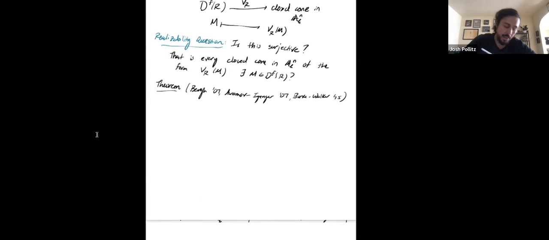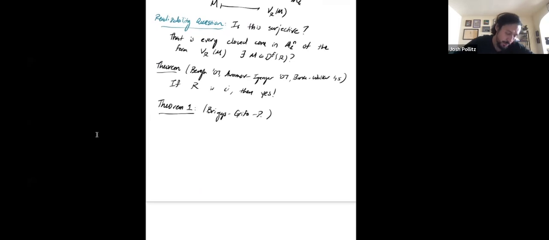So every closed cone in affine n-space is actually the support variety of some, in that case, module. But if R is not CI, there really hasn't been much.